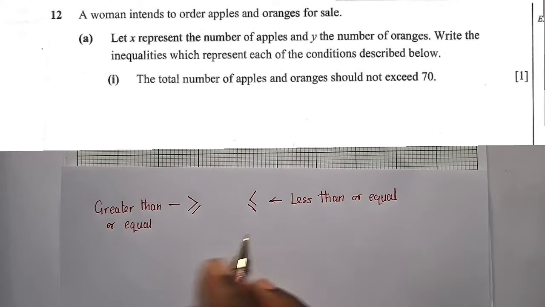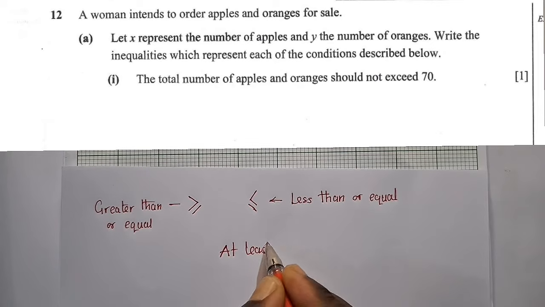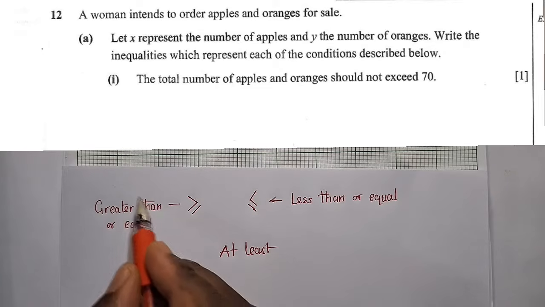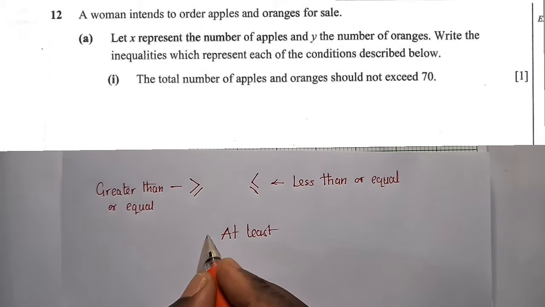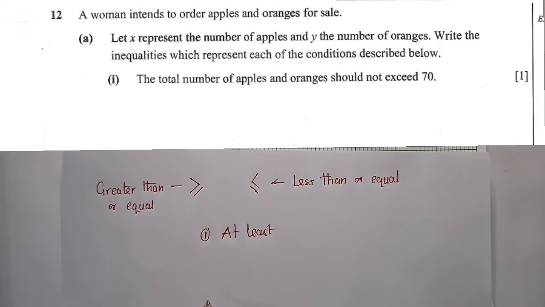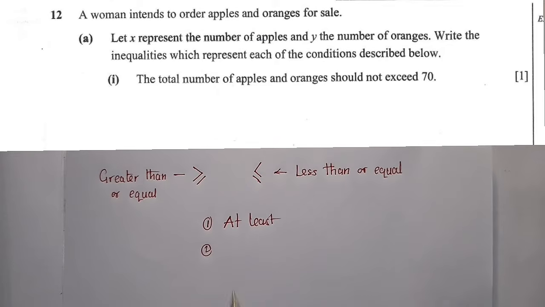So there is what we call "at least." The moment you come across the words "at least," it should fall under greater than or equal to. This is the number one term. The other term we're supposed to know is "at most."